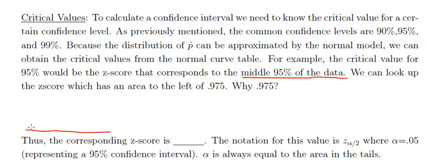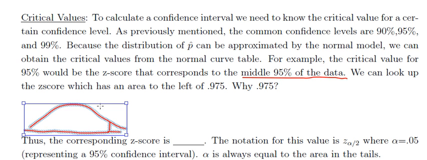And so if I did my little curve here, we would want to capture the middle 95%. You can just imagine there's a line there. There we go. And so we want the middle area to be 0.95.